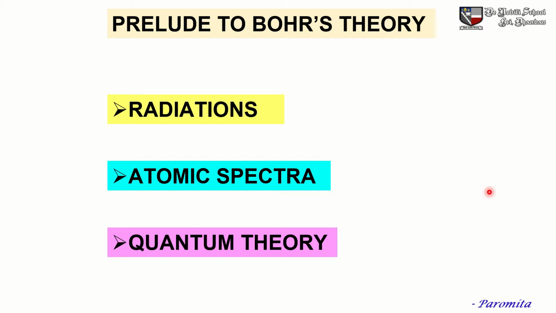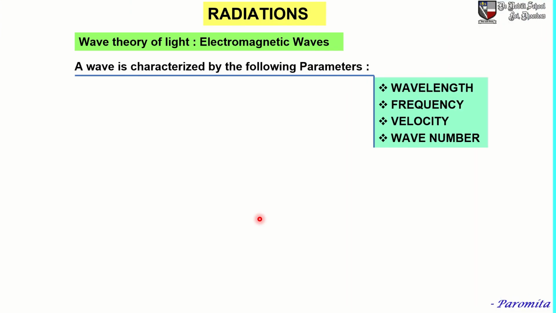As a prelude to Bohr's theory, we should have an introduction to number 1, nature of radiations, number 2, atomic spectra, and number 3, quantum theory. We know that ordinary light, X-rays, gamma rays, etc. are called electromagnetic radiations, and they have wave characteristics.